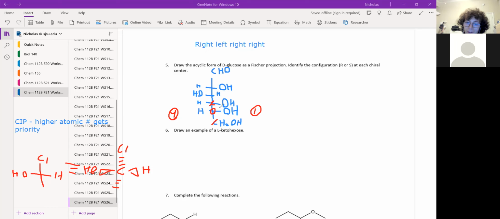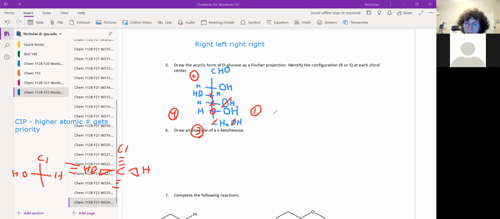Then you have an alcohol on both, so you can cross that out. That's something in common. But then on the top, you have one more carbon. Because the bottom chain ended at that alcohol, but the top one keeps going, there's another carbon. So that gets number 2. And then the bottom is number 3.